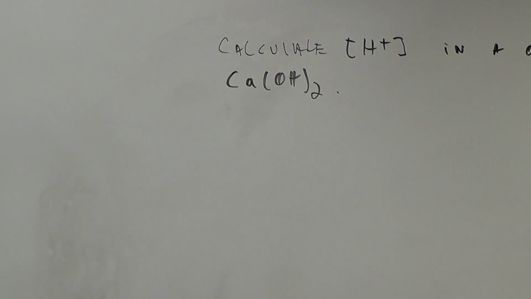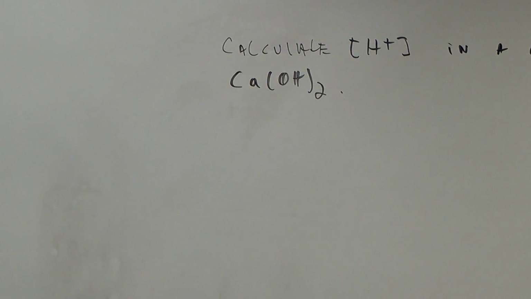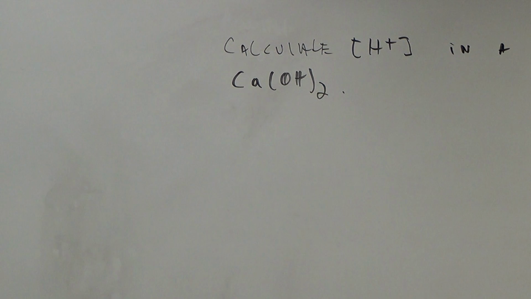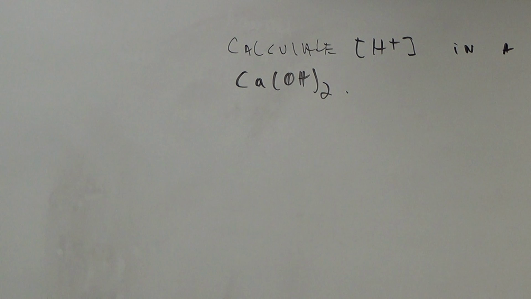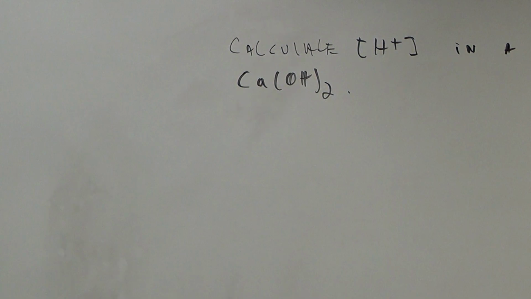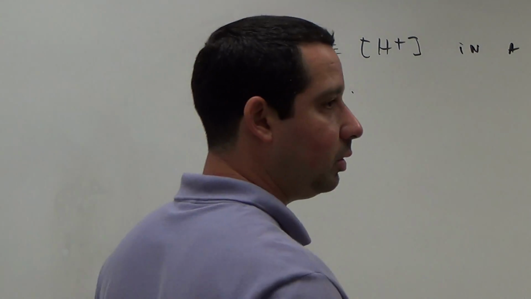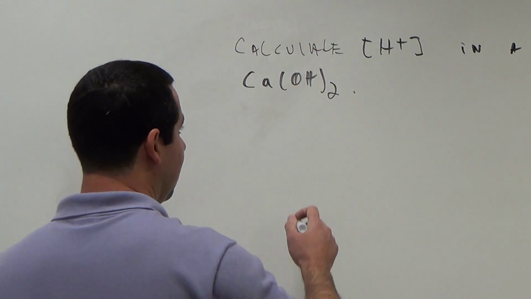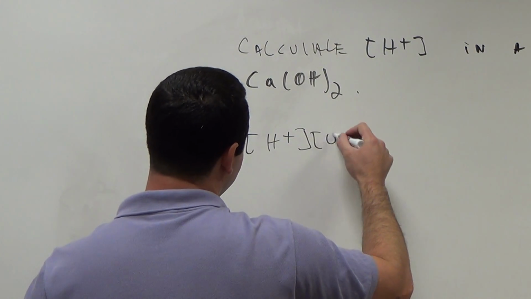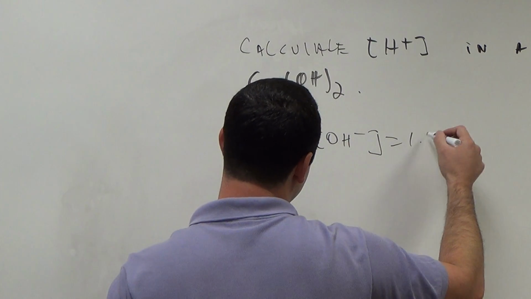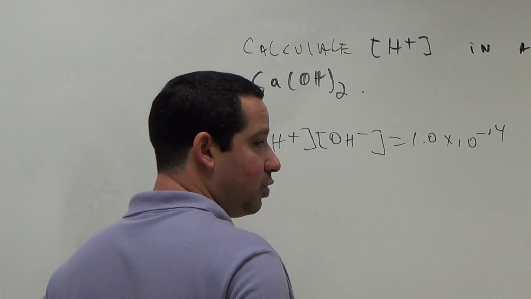I don't remember if calcium is an exception to the dissociating. No, it's not an exception. Okay, well, I need concentration of H plus times concentration of OH minus, 1.0 times 10 to the minus 14. That amount of calcium hydroxide.